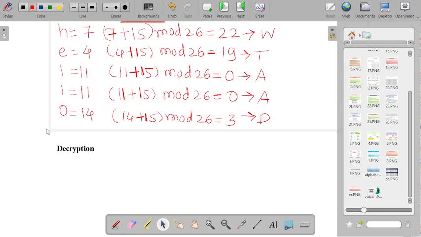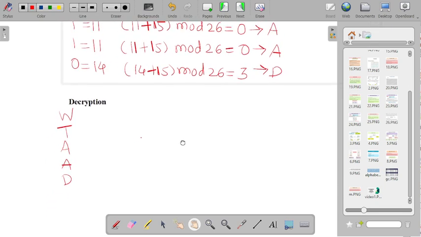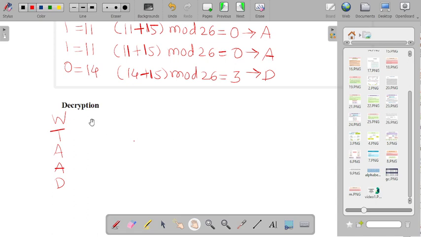First of all, we need to write our ciphertext message, that is W, then T, then A and D. So what is the index of W? The index of W is 22. For T, what is the index? 19. For A, it is 0. And for D, it is 3.